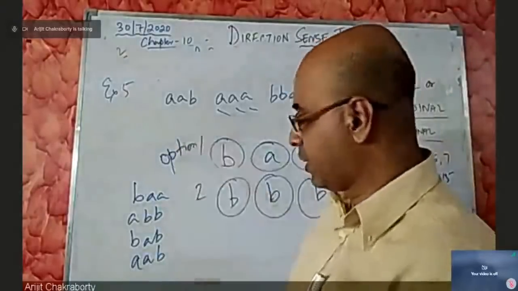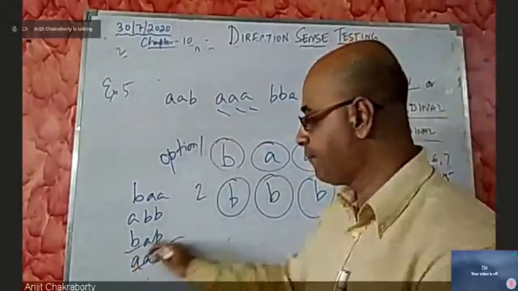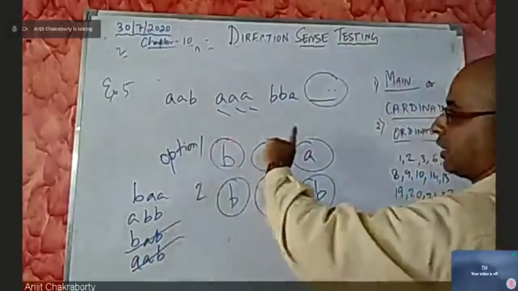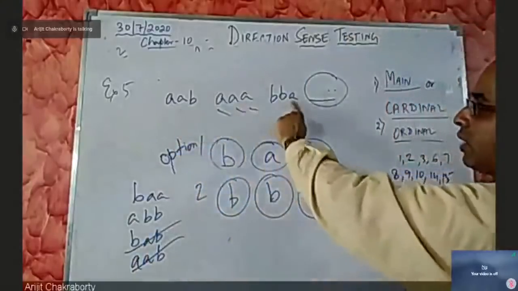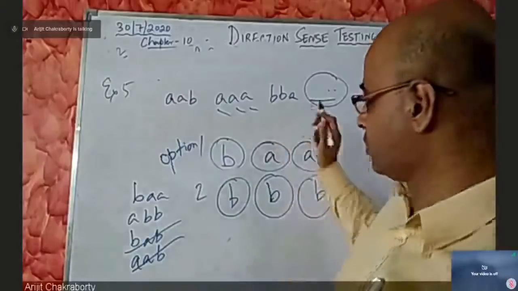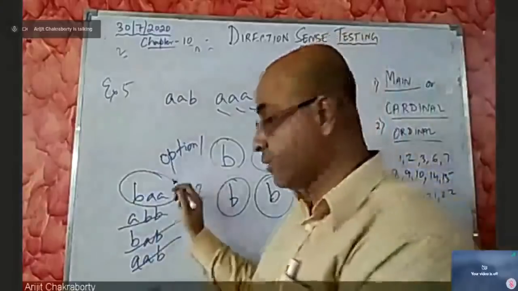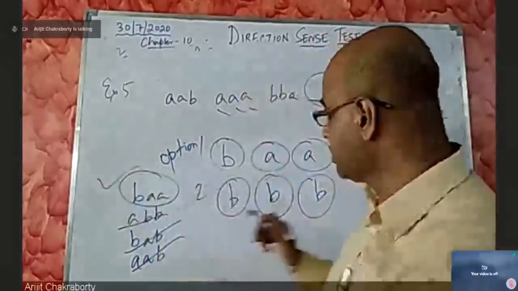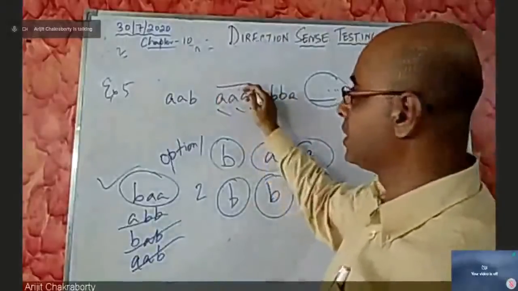AAB definitely is already there, no question. BAB also is unlikely. ABB is also unlikely, because you already have the ABB combination here. So the only option is BAA. Because it is there in the options, this is correct. Otherwise, it can also be triple B. BBB is also possible because triple A is here.